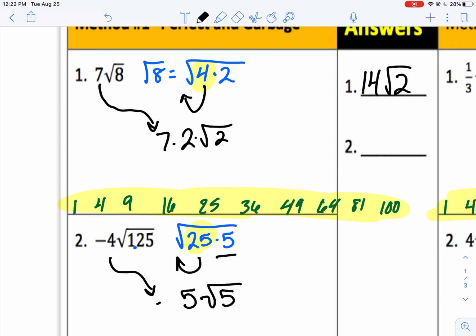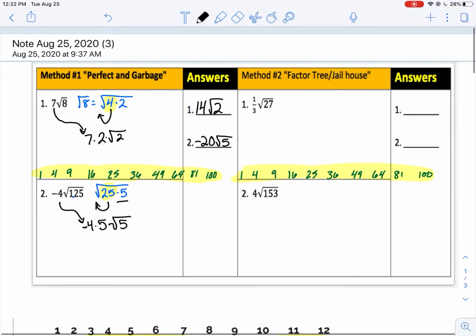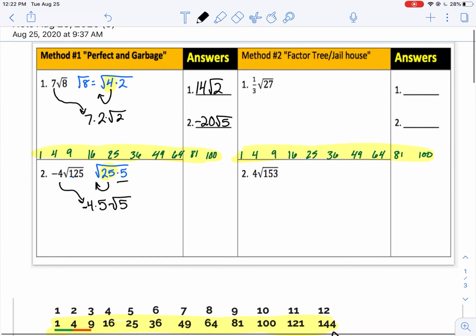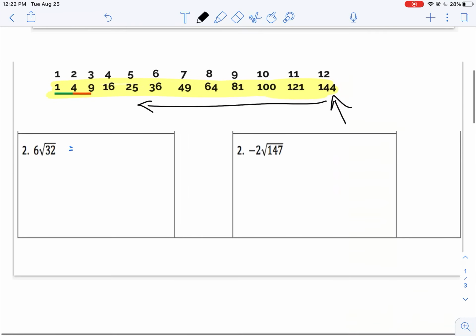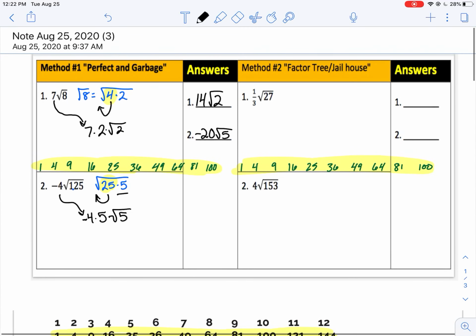So negative 4 times 5 times the square root of 5. So I can simplify negative 4 times 5 is negative 20, and then I've got that square root of 5. And I'll do a couple more problems, and then we'll move on to our review. So a couple more problems here.